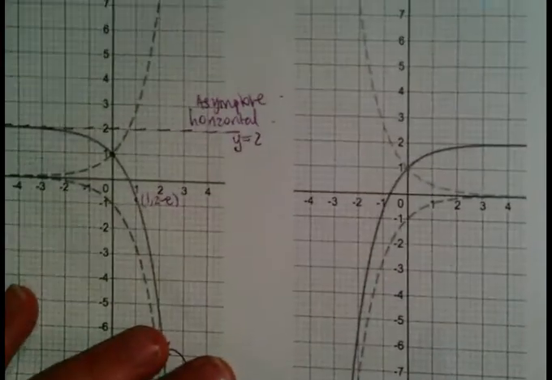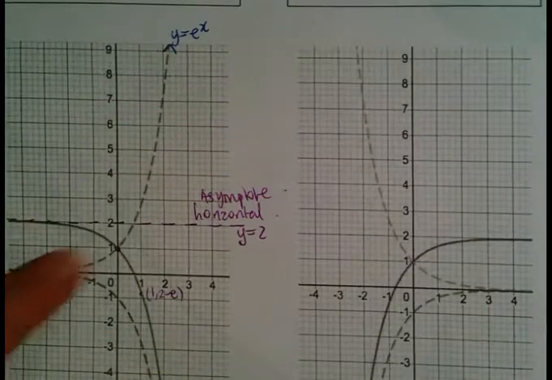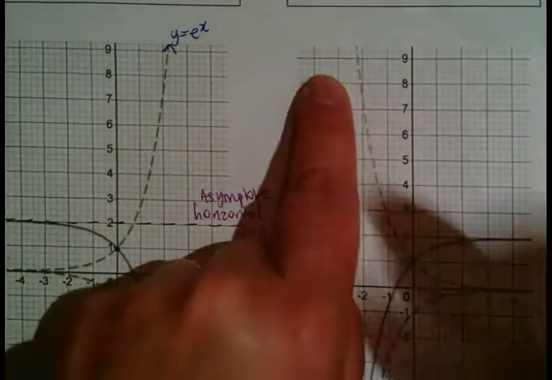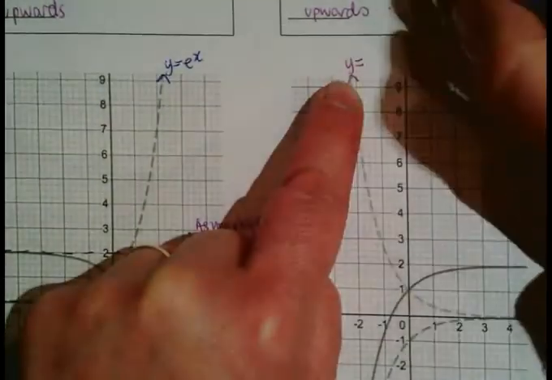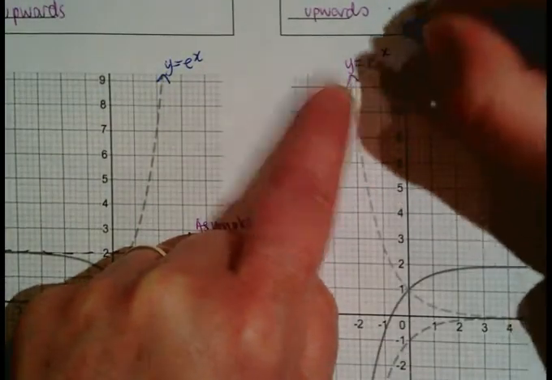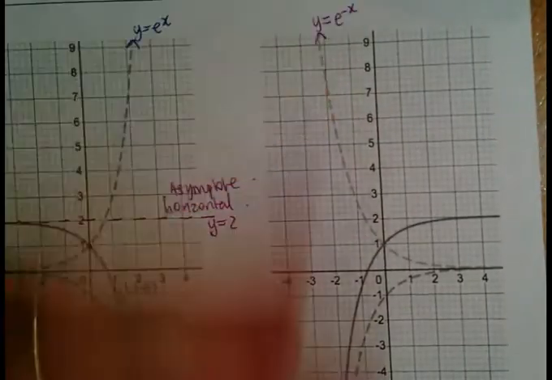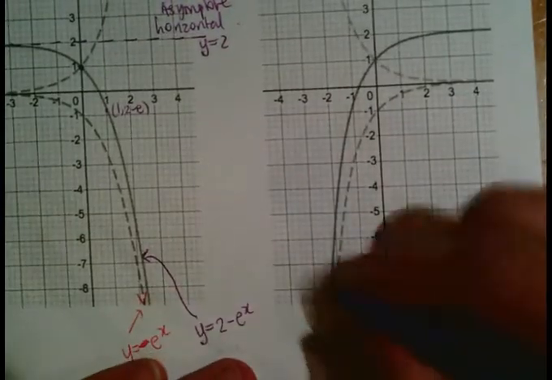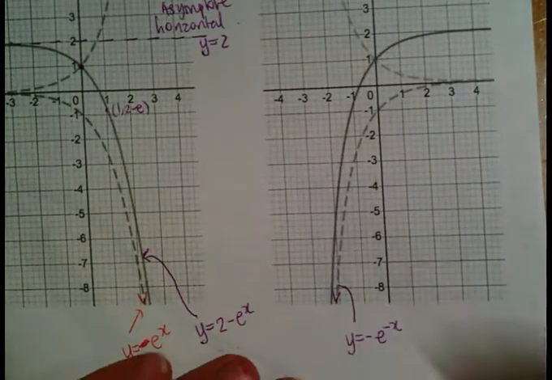Okay, so we start with, and I actually haven't put it there, but you can see this is y equals e to the x. So that is this one reflected in the y-axis would be y equals e to the negative x. And then that is shifted down. So that's y equals e to the negative x. That's shifted down, so that's the dotted one down here. So the dotted one is y equals negative e to the negative x.